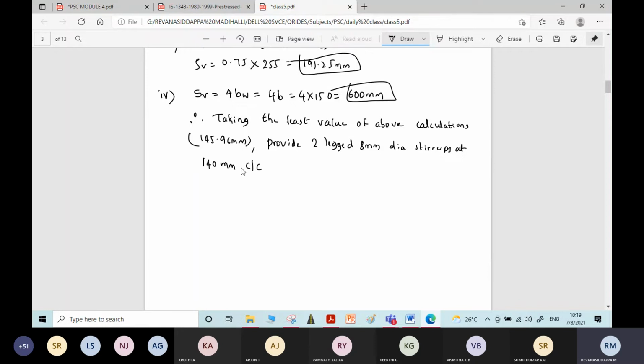Okay. Therefore, two-legged 8 mm dia vertical stirrups at 140 mm center to center.